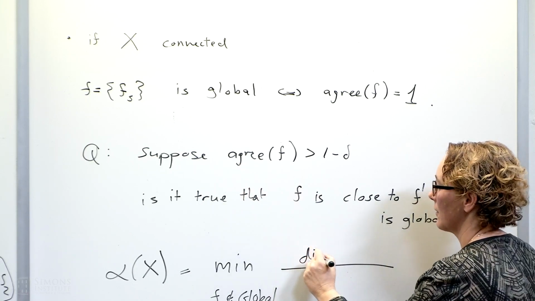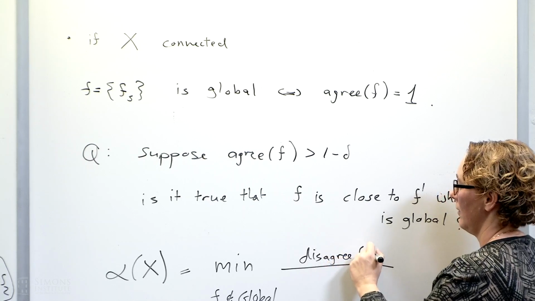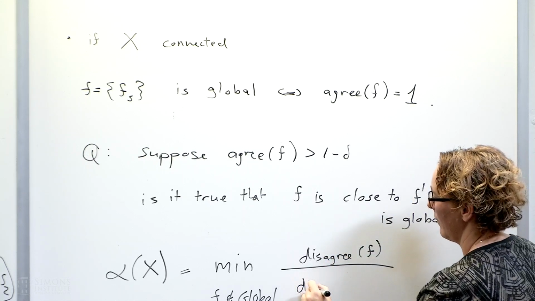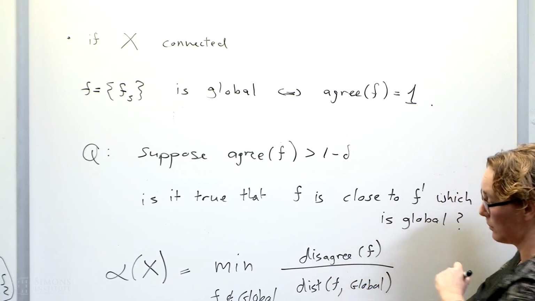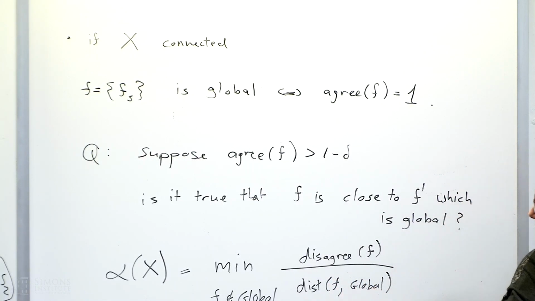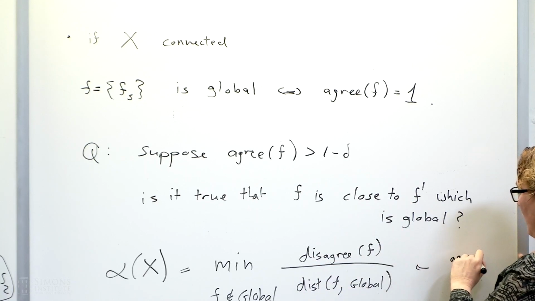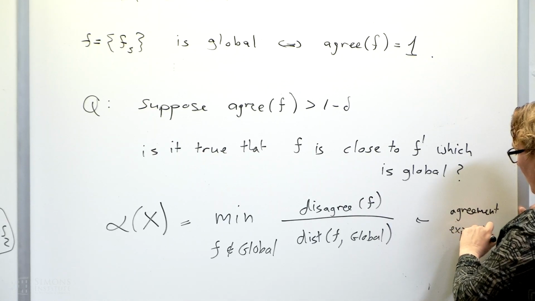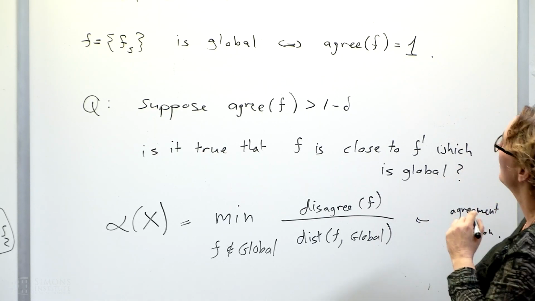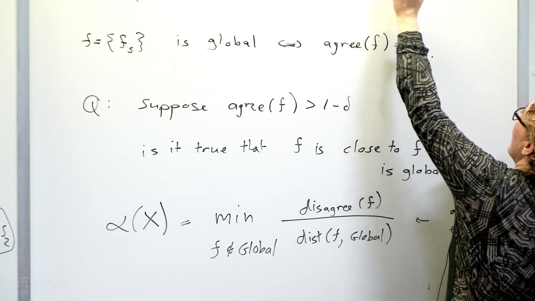So let me write here disagree of f divided by the distance of f from global. Exactly like we did before. So this is what we will call the agreement expansion. Now I see that I forgot to say, this part is joint with Tali Kaufman.